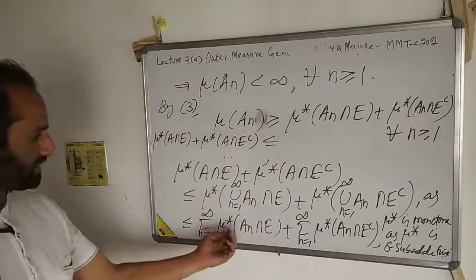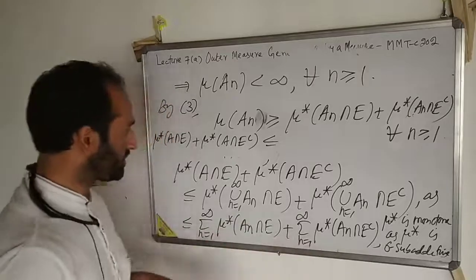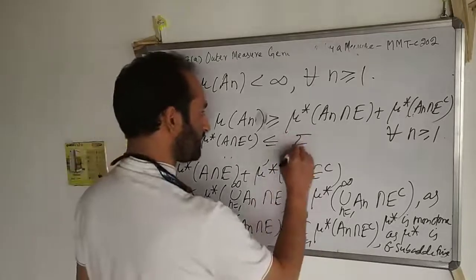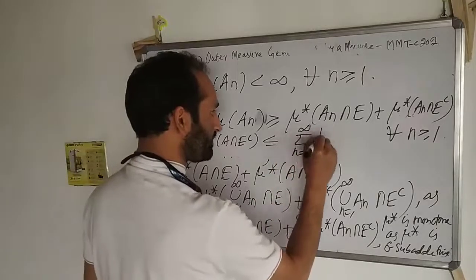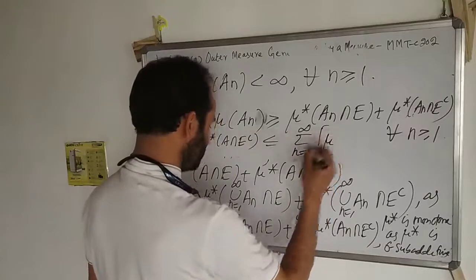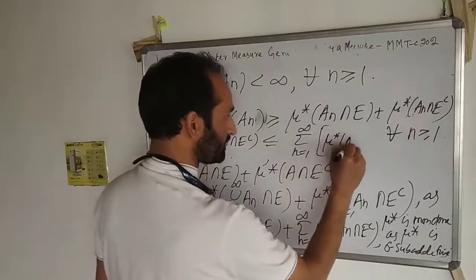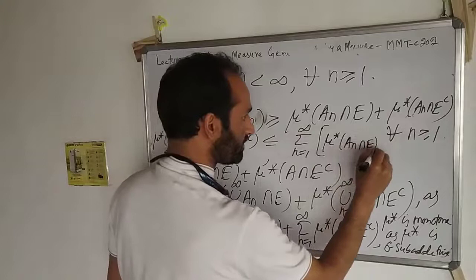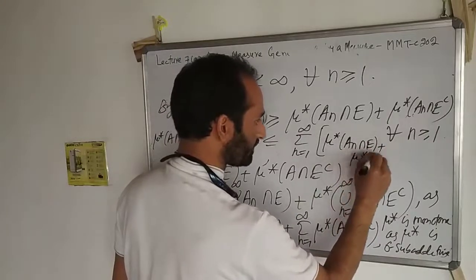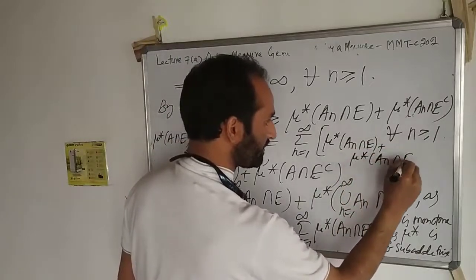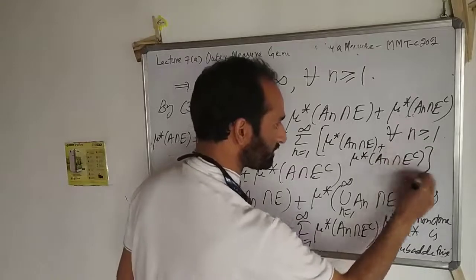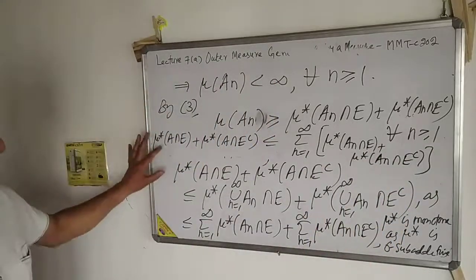So since it's a finite sum, this will be less or equal to summation n runs from 1 to infinity mu star of An intersection E plus mu star of An intersection E complement. So here, this is less or equal to that.